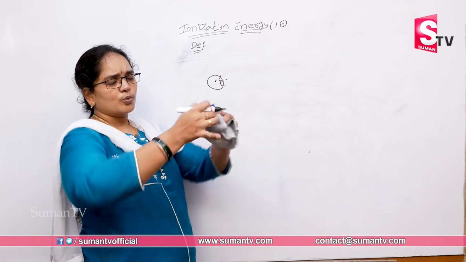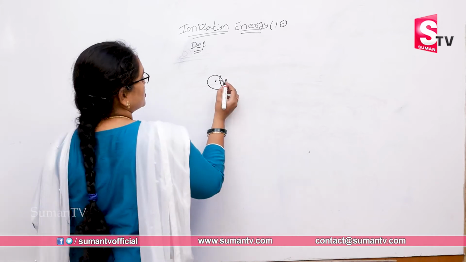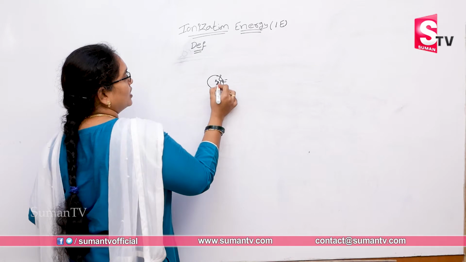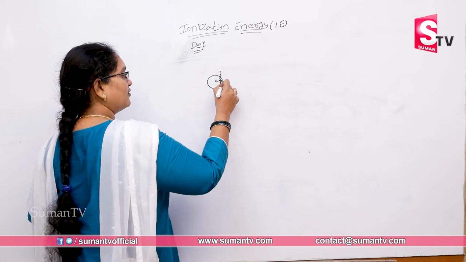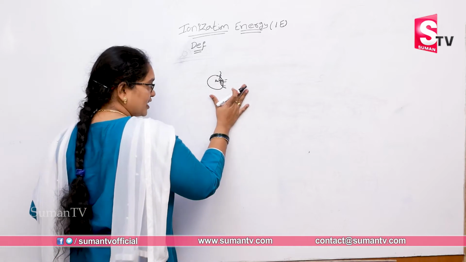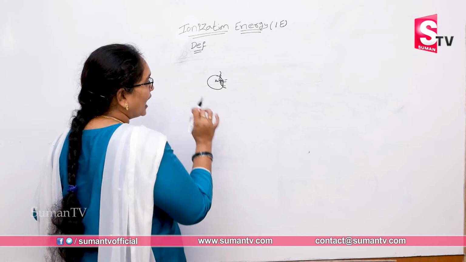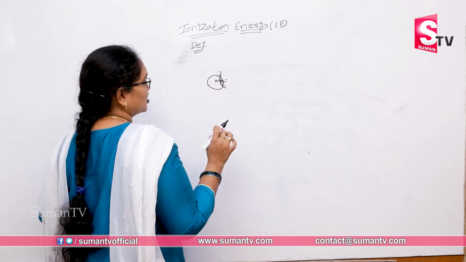To break anything, we need a certain amount of energy. So here also, to take the electron out from the attractive forces of the nucleus, we need a certain amount of energy. That amount of energy required to remove the electron from a neutral atom, we call the ionization energy.